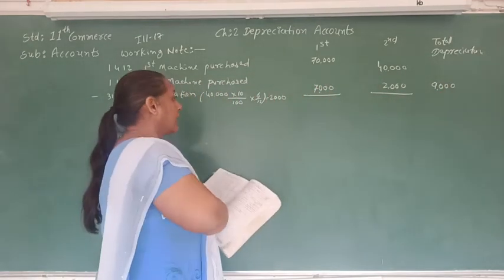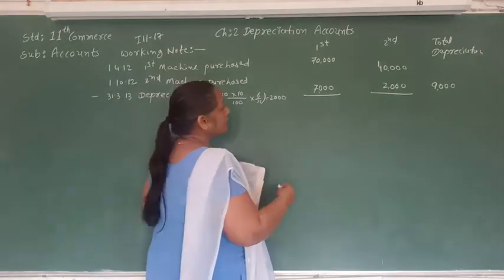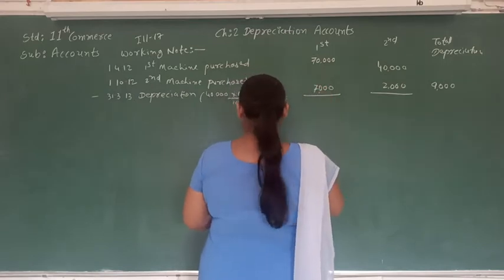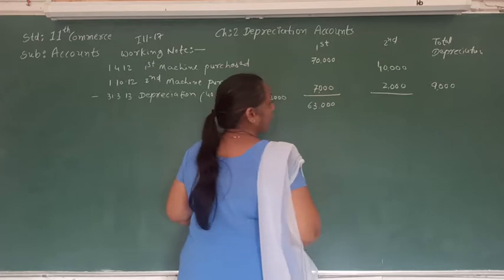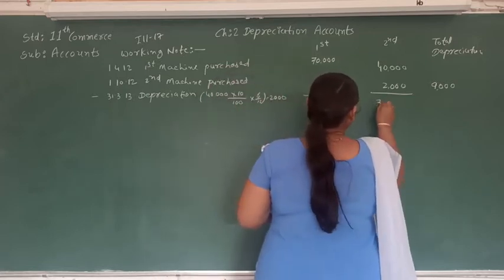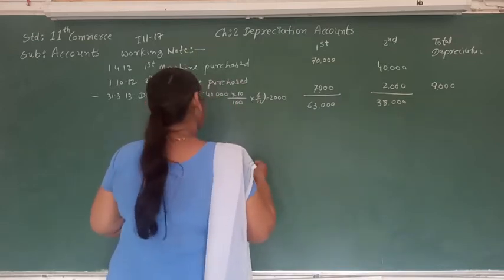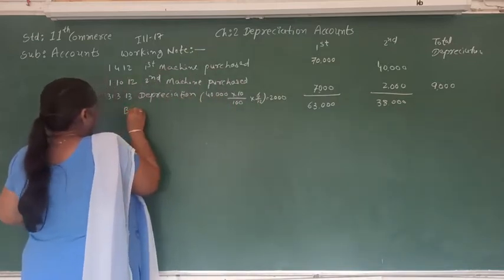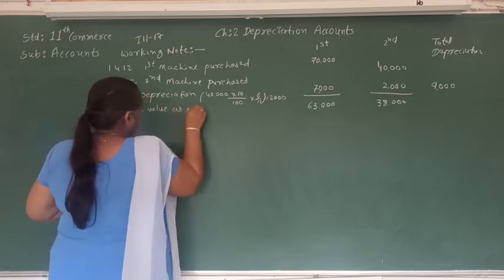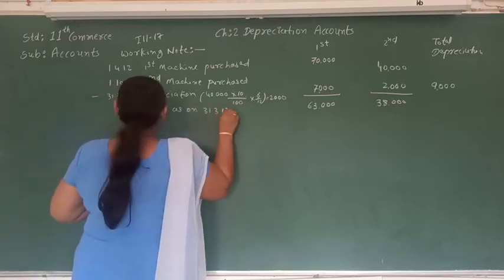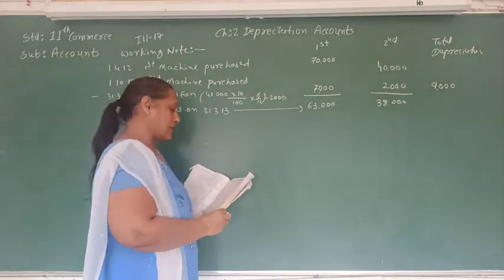Now let's find out the book value at the end of the first year. From 70, if we deduct 7,000, that will be 63,000. From 40, if we deduct 2,000, it will be 38,000. So this is the book value as on 31st/3/13, that is 63 plus 38.